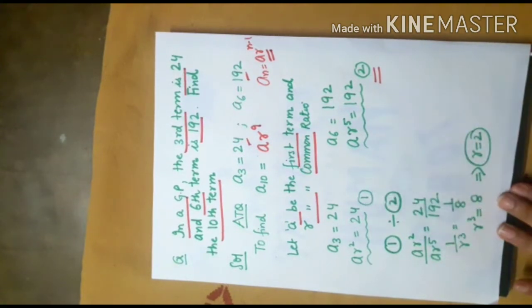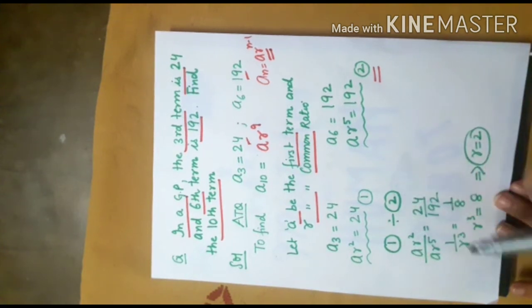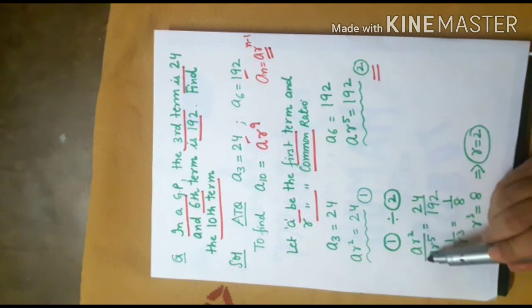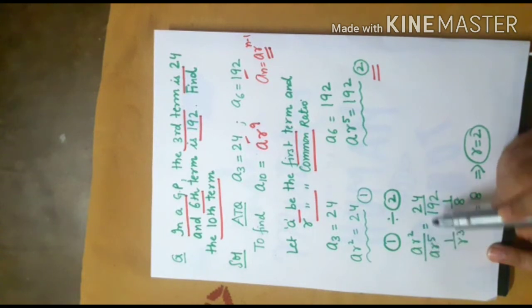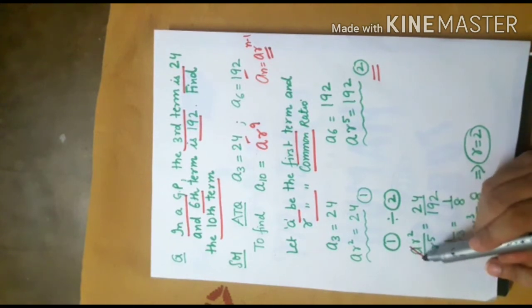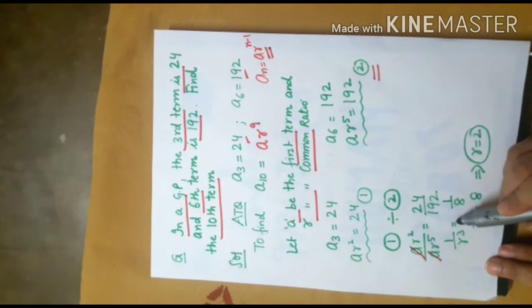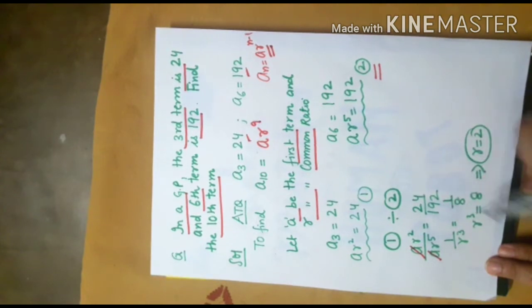For that, I'll perform 1 divided by 2. So I'll get a r square over a r raised to the power 5 equals 24 over 192. The a will get cancelled out and here I'll get 1 over r raised to the power 3, which equals 1 over 8.